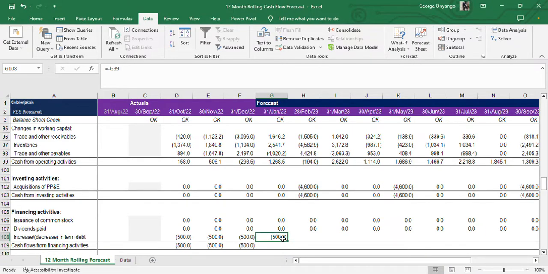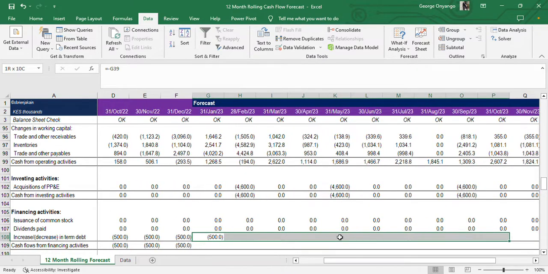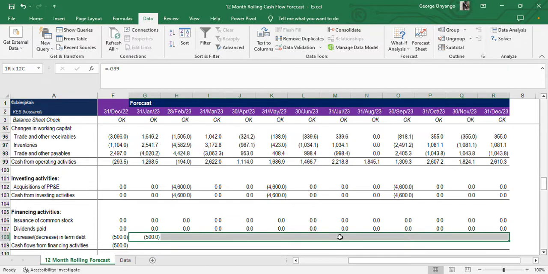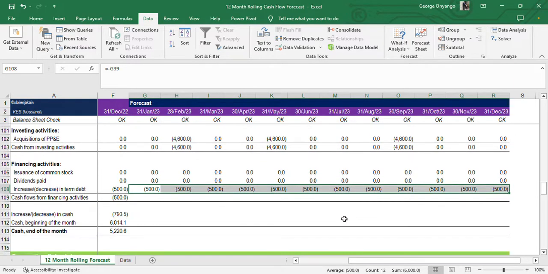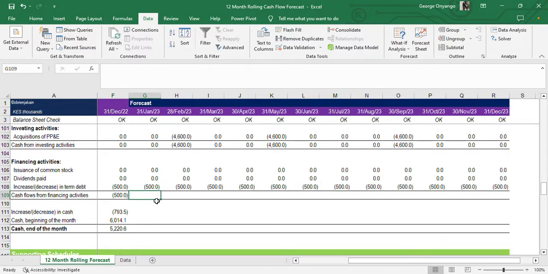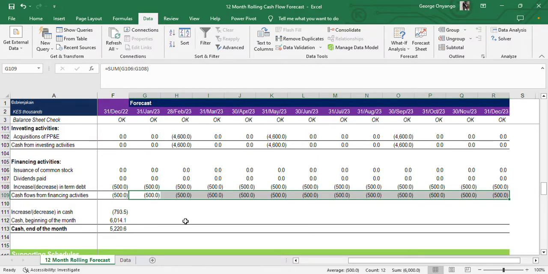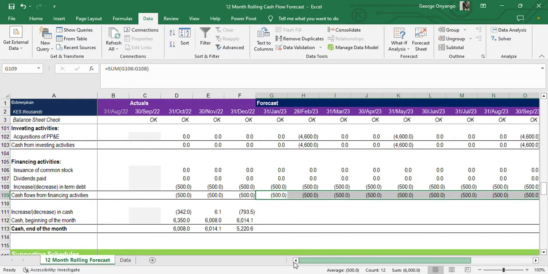So we simply fill that right. So that's the only cash flow from the financing activity that was there.